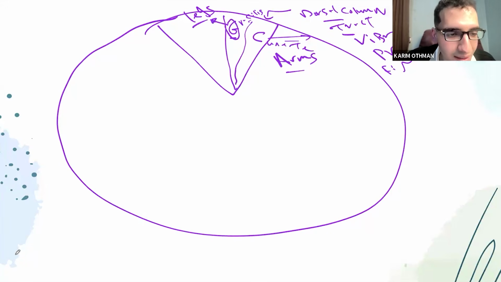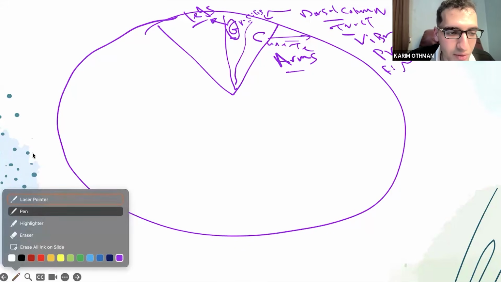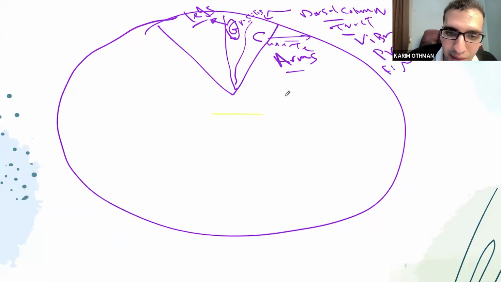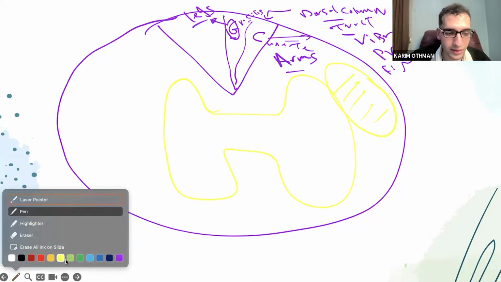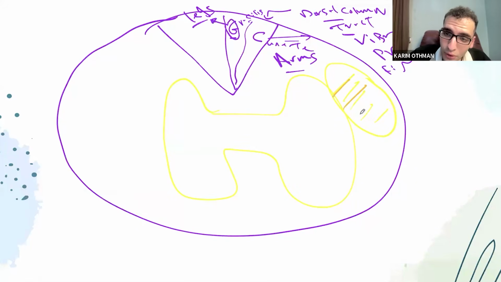Okay. Now, the other thing that I wanted to discuss with you guys is the other tracts, which is usually, let me draw it here, the corticospinal tract. The corticospinal tract in yellow. It makes sense.